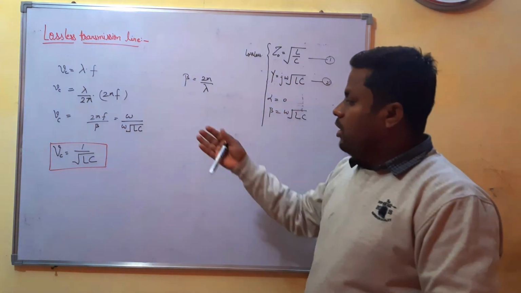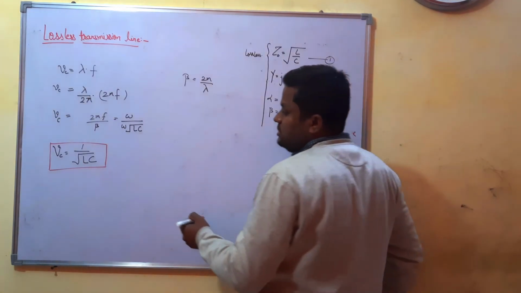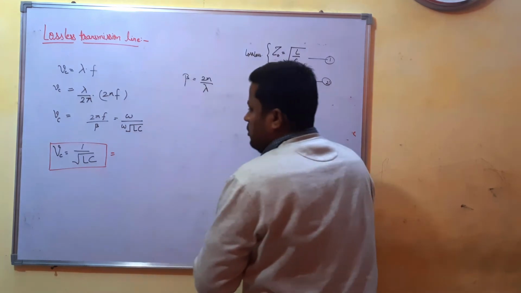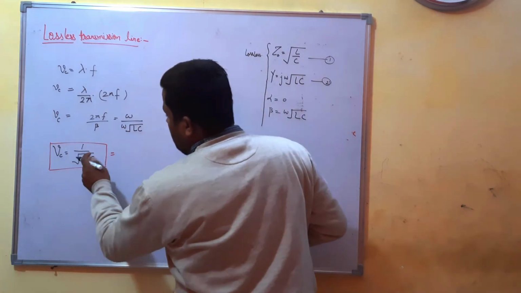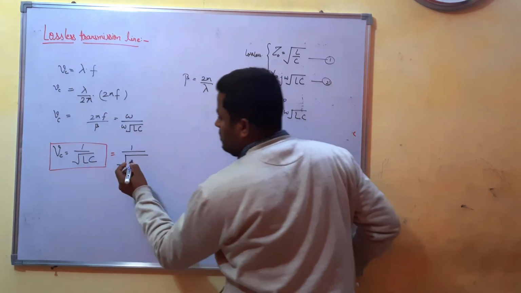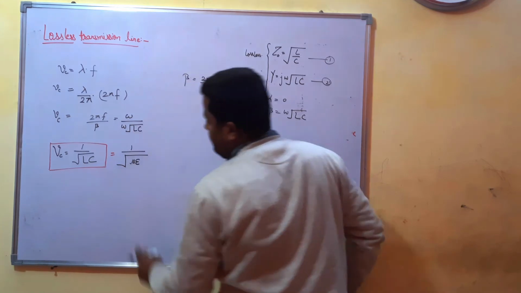Now for a transmission line, generally, not only overhead, it becomes 1 upon under root mu epsilon.